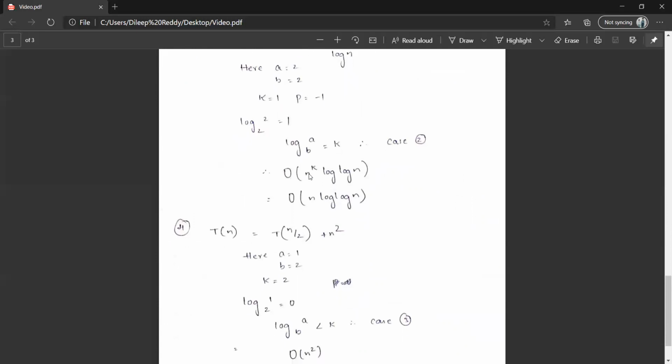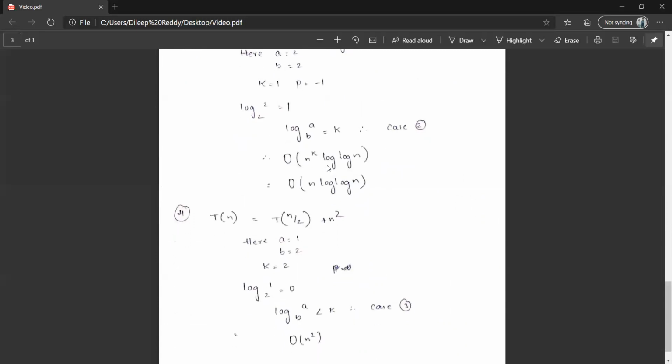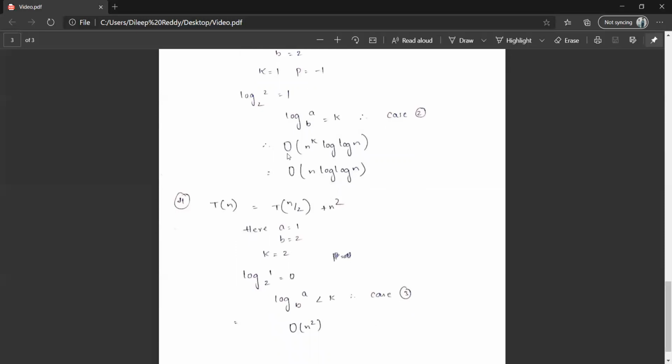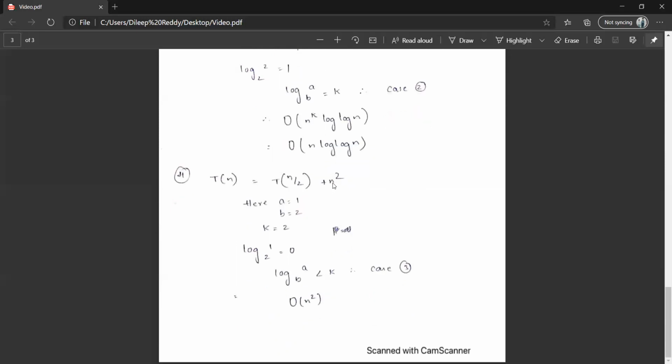So log a base b is equal to k. In this case, big O of n^k log n, where the value of k is equal to 1, is big O of n log n.